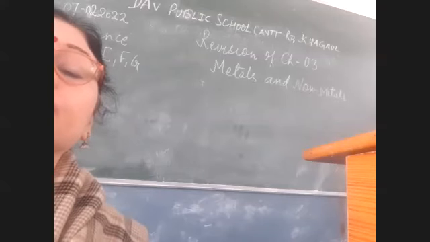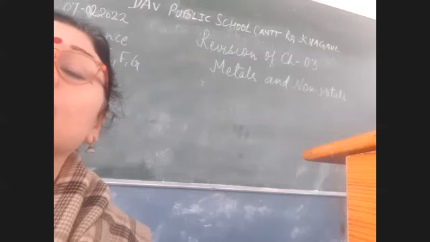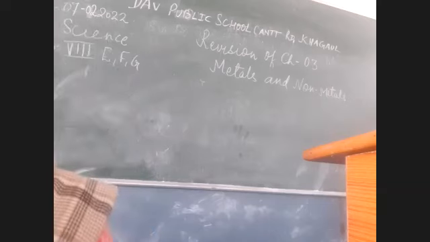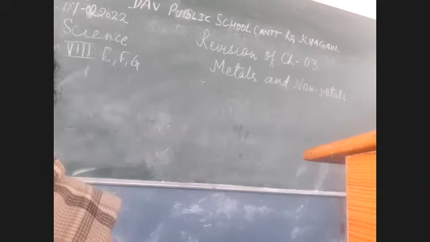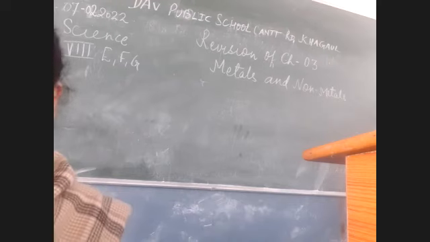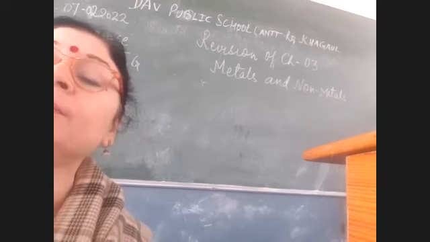Okay, next is Shubh. You tell me what is metallurgy and what are the different steps involved in extraction of metal from its ores? Metallurgy is the process of extracting metal from its ore.